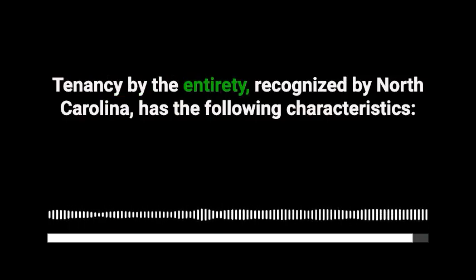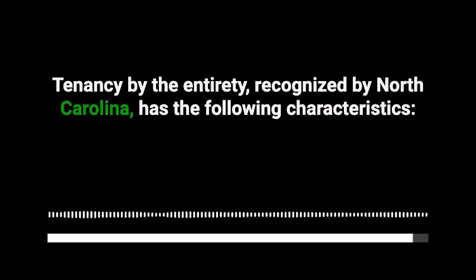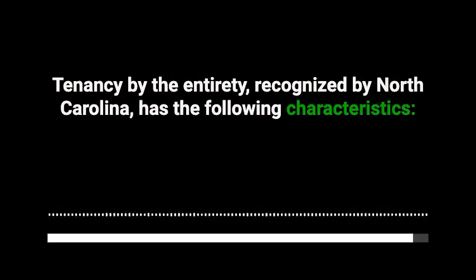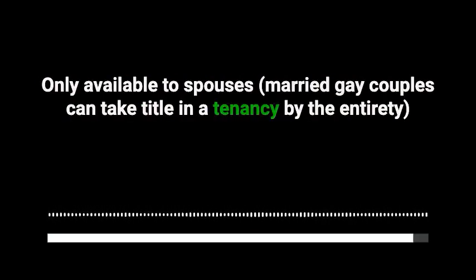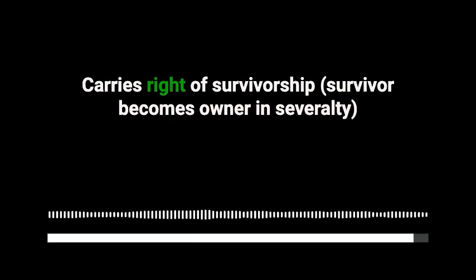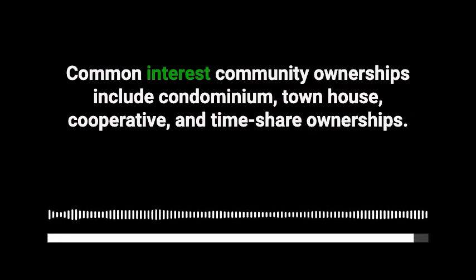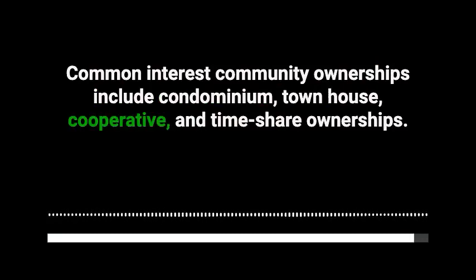Tenancy by the entirety, recognized by North Carolina, has the following characteristics: only available to spouses. Title conveyed only by deed signed by both. Carries right of survivorship. Common interest community ownerships include condominium, townhouse, cooperative, and timeshare ownerships.